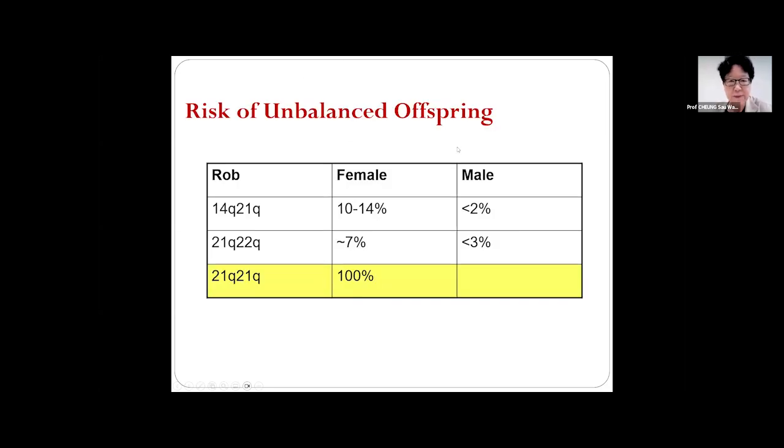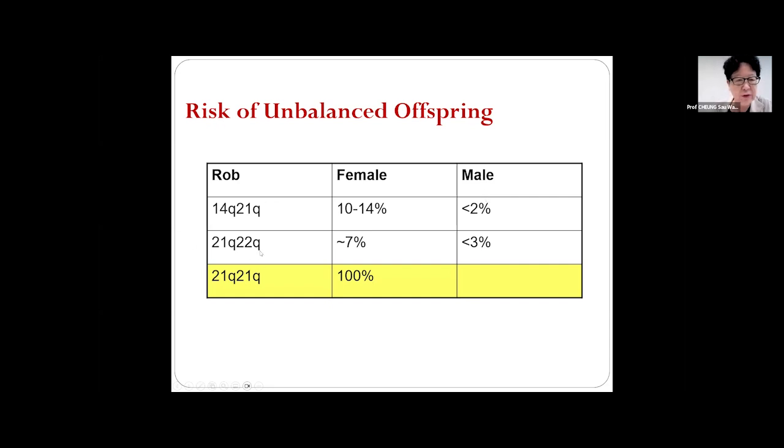So the risk of unbalanced offspring in females: these are the actual data we studied and came up with this conclusion. For 14;21, the recurrence risk is 10 to 14% in females, but for males it is a lot less.